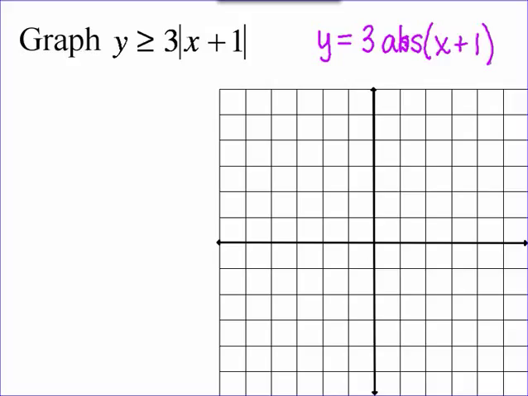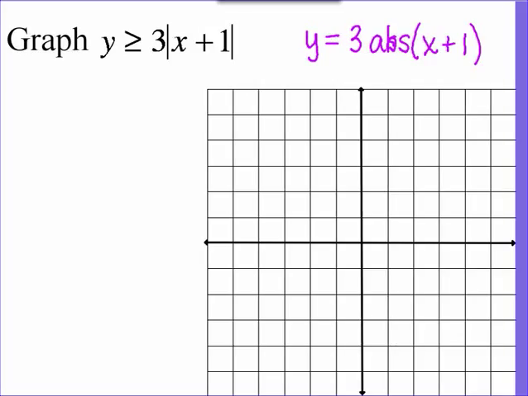Did I put that in there? Almost, you forgot your x plus 1. There you go. It's supposed to be small, narrow, you mean? Yep.